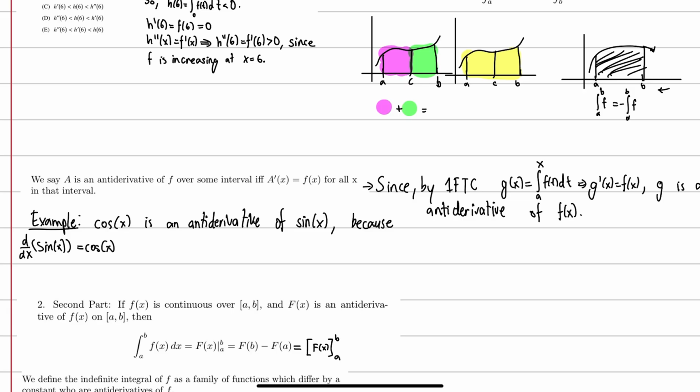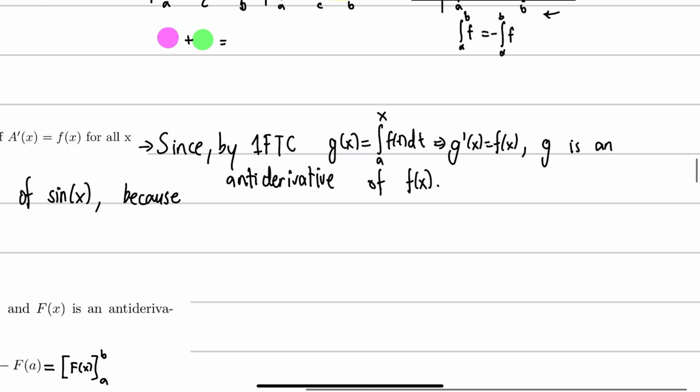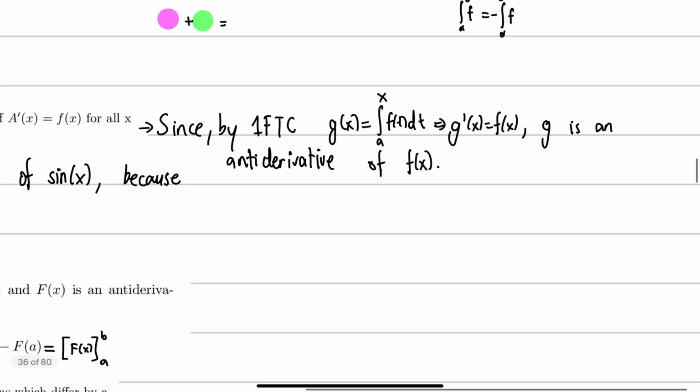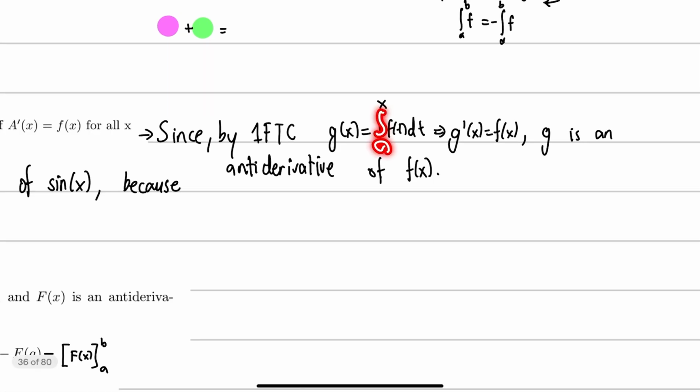Now, we'll look at this little sidetrack. Side note: by the first fundamental theorem of calculus, the function g of x is this area function, remember, the integral from a to x of f of t dt. If we take this derivative, we get g prime is equal to f by the fundamental theorem. But this satisfies our definition of an antiderivative. So an area function from a constant number to a variable is an antiderivative of the function.